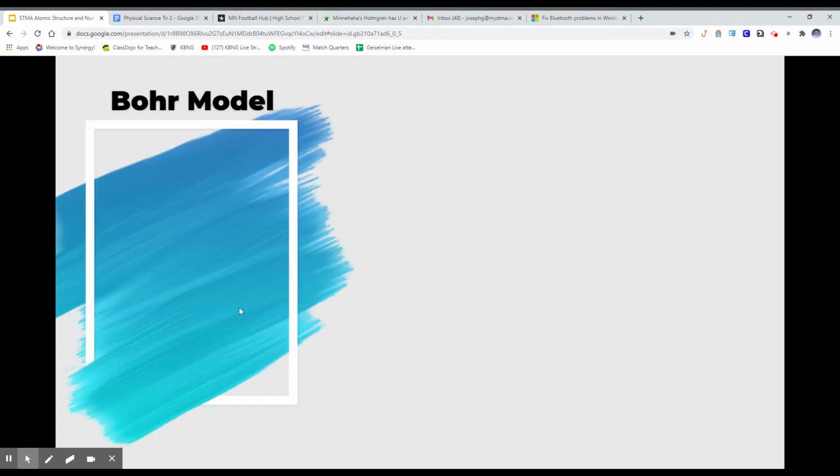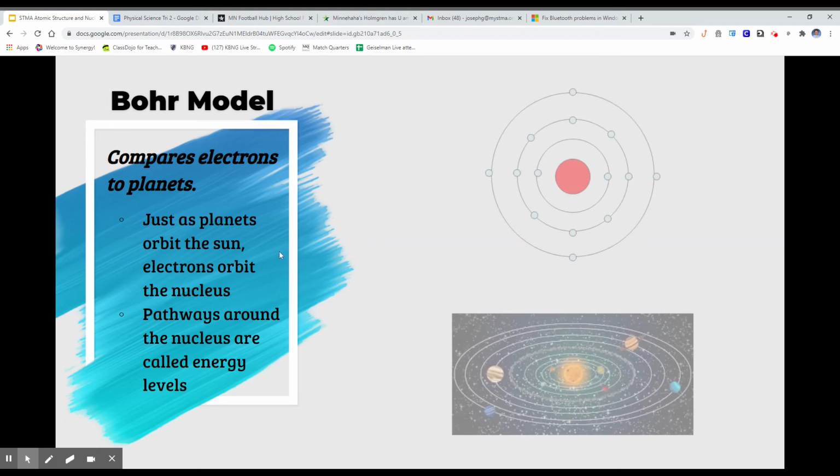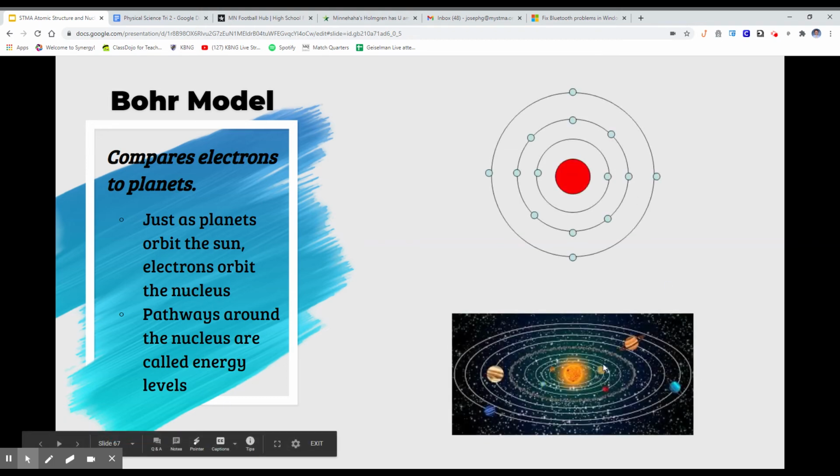We break that down into what you just looked at, which is called a Bohr model. In a Bohr model, we look at it like electrons are planets orbiting the sun, right? As planets orbit around the sun, we basically put electrons orbiting the nucleus. And the pathways around the sun are called the energy levels. Our planet, the Earth, orbits the sun, and it has an orbit, a pathway.